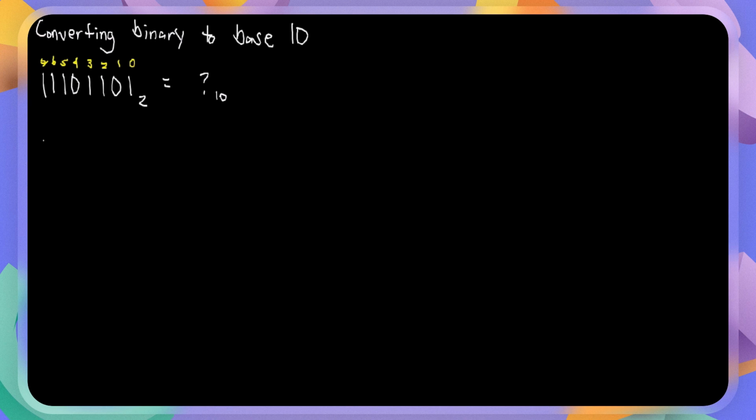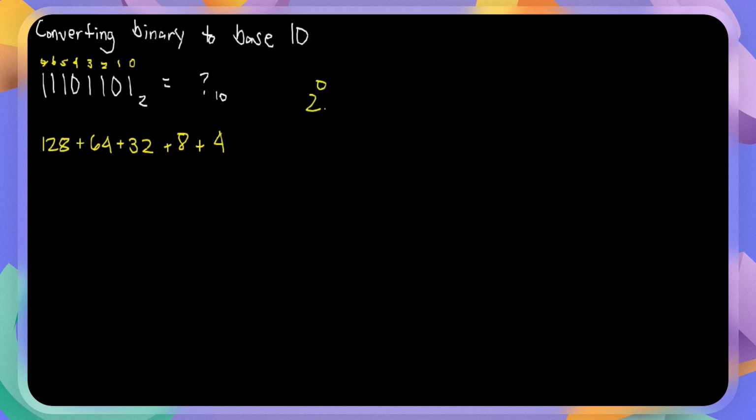So 2 raised to 7, it's 128. Plus our 6, that's going to be 64. Then we have our 5, 32. We skip the 4. So 2 raised to 3, that's 8. Plus 2, that's 4. And then 2 raised to 0.